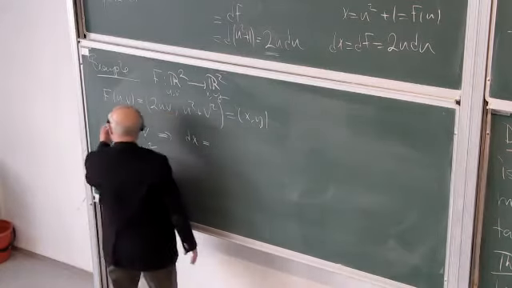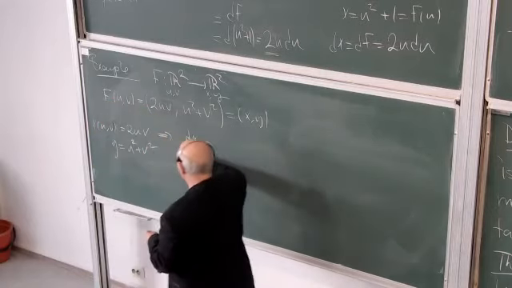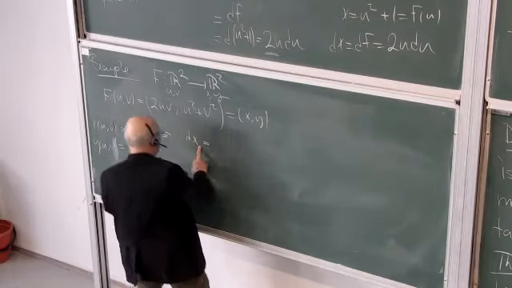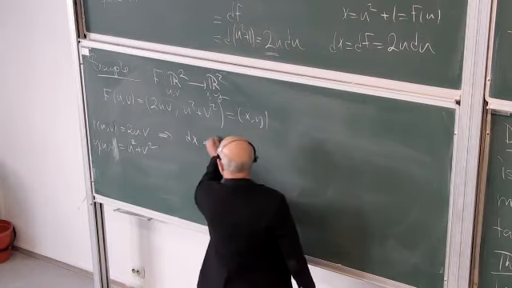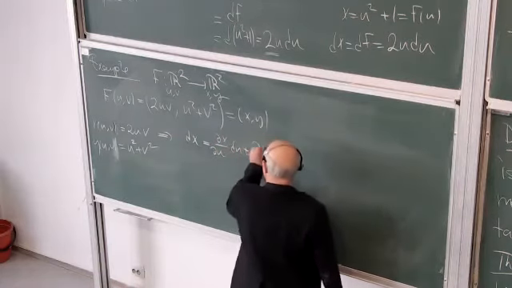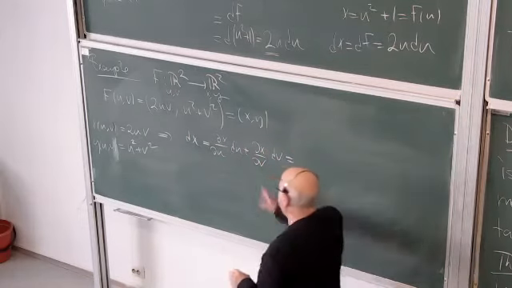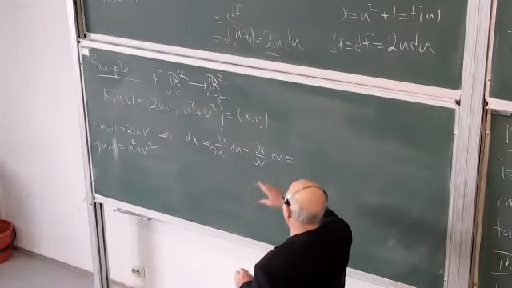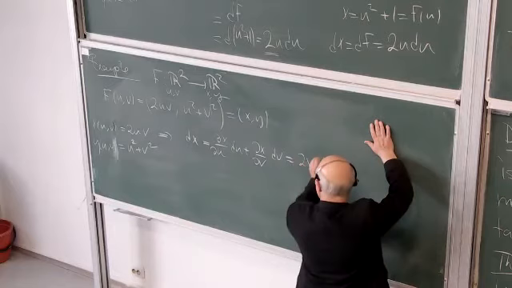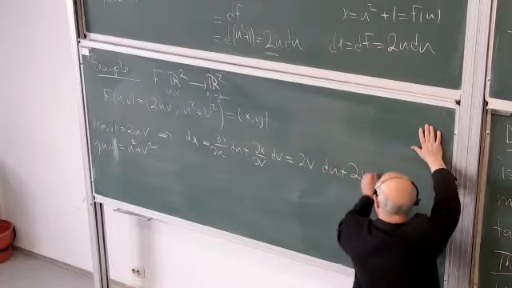x is a function of uv. You compute its differential. So what is that? This is del x del u du plus del x del v dv. So what is that? It is just the derivative with respect to u, which is 2v du, plus 2u dv.